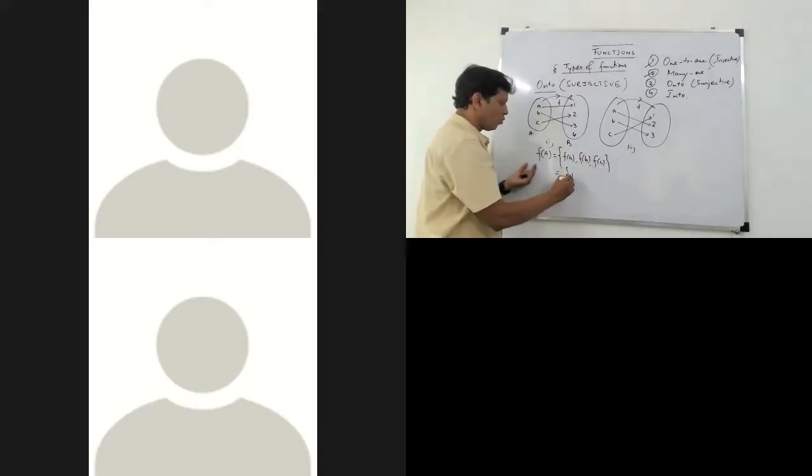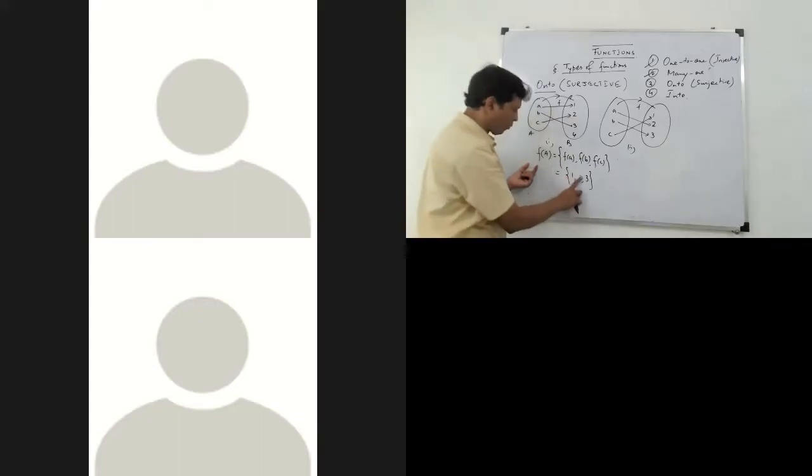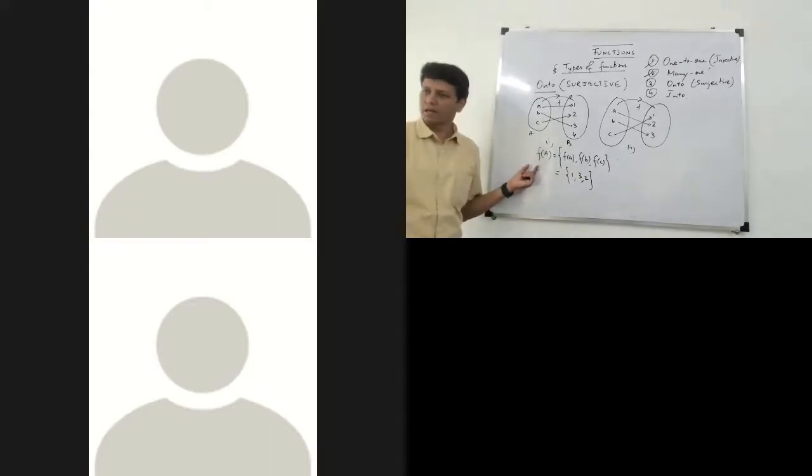That means 1, 2, 3. Am I clear? Okay, no problem. I'm just writing 1, 3 and tell me 2. Yes. Clear? So this is the range set or image set, right?